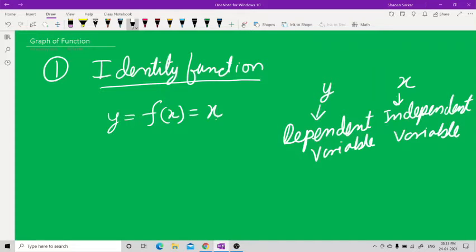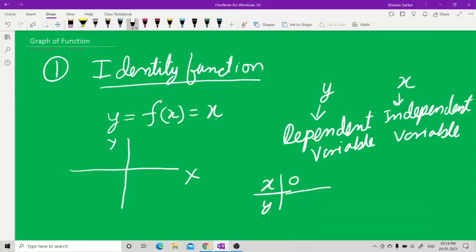Now, how to draw this type of graph? This is your x-axis, this is your y-axis. You can take any value of x. Suppose I write x this way and y this way. For x = 0, I'll get y = 0. For x = 1, I'll get y = 1. And for x = -1, I'll get y = -1, because y equals x.